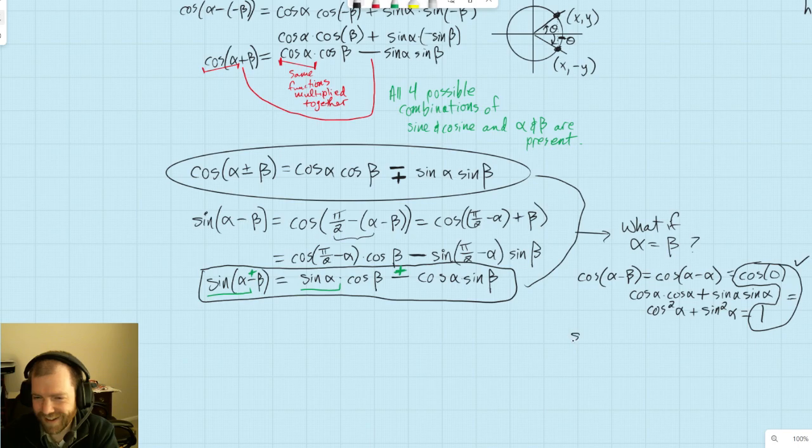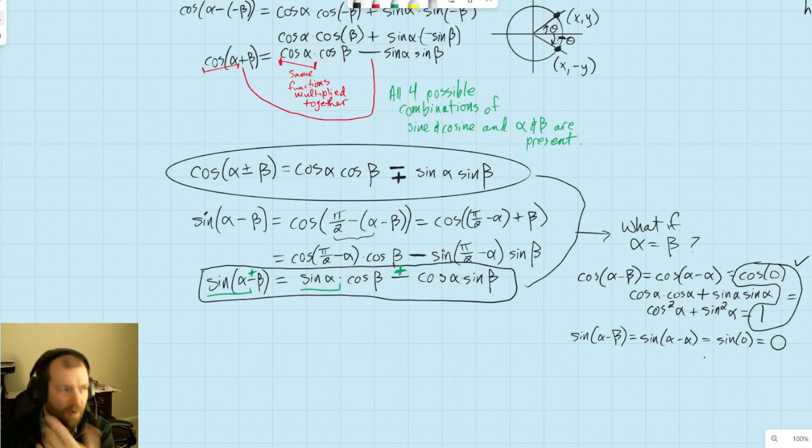And then the sine of alpha minus beta, again, becomes the sine of alpha minus alpha, which is the sine of 0, which is going to be 0, or you go the other way and you get the sine of alpha times the cosine of alpha, and no, minus.